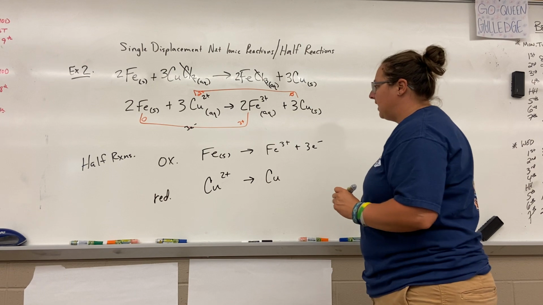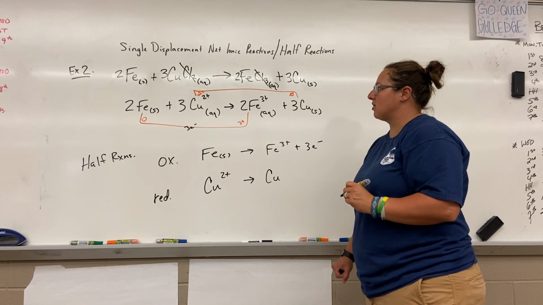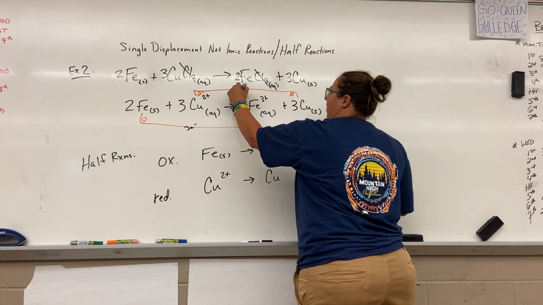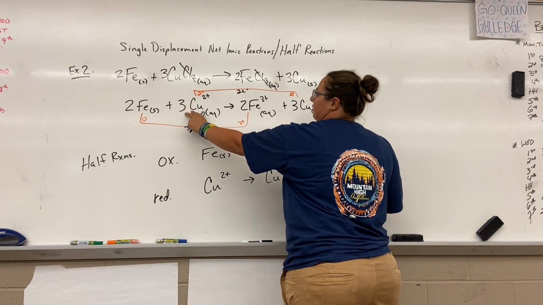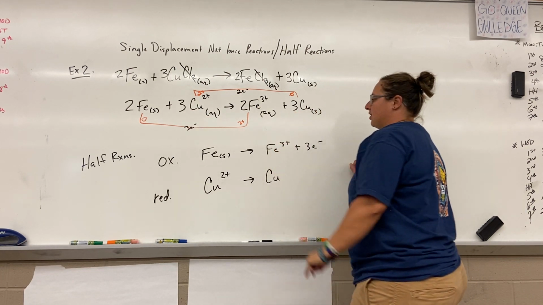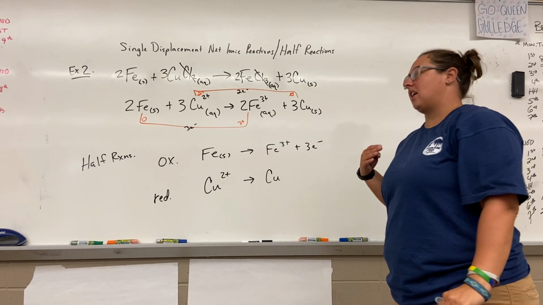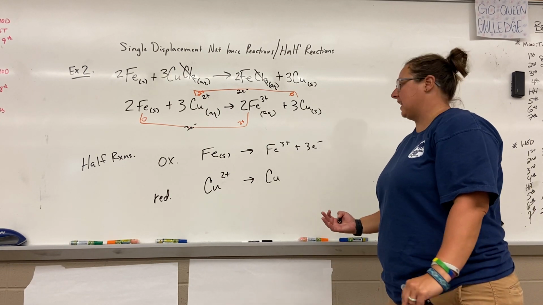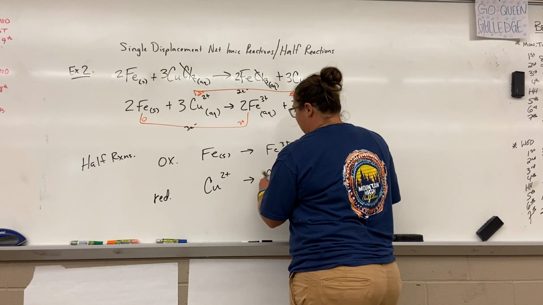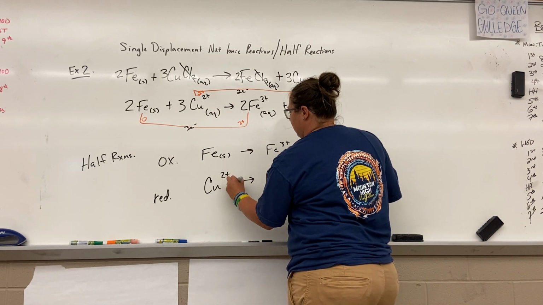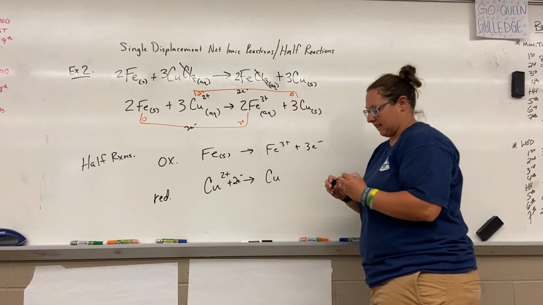And how many electrons is being transferred there? There are 2 electrons. Again, I'm not going to include these coefficients because that will be reduced at the very end, and I'll show you what that means in just a second. So with the 2+, I have to balance out my charges, so my 2 electrons will look like this.